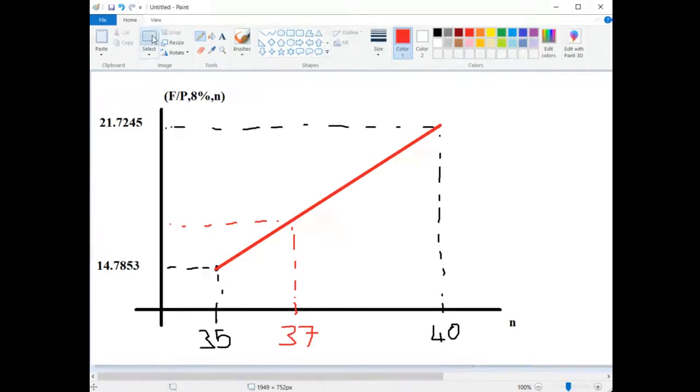And what we are going to do is multiply this value with the distance between 35 and 37, which is 2. Okay?